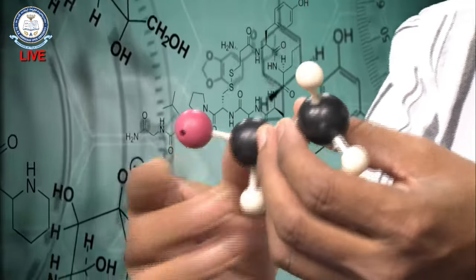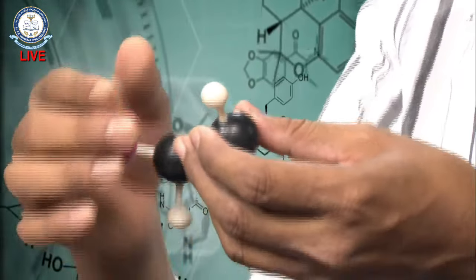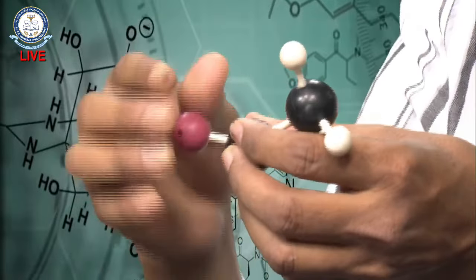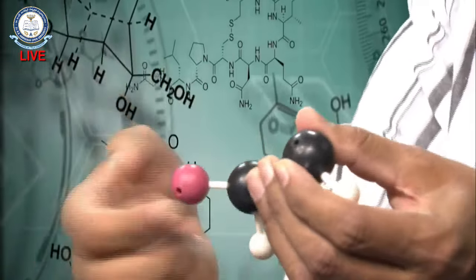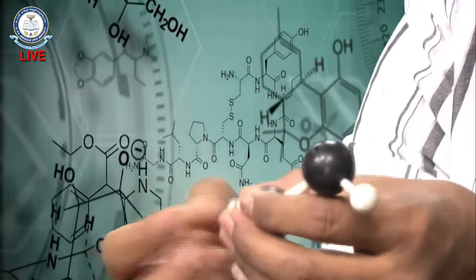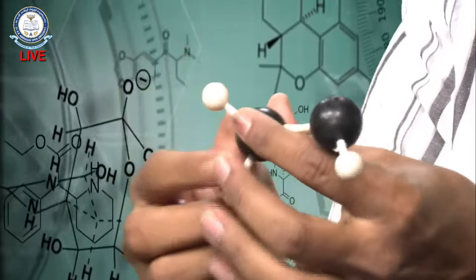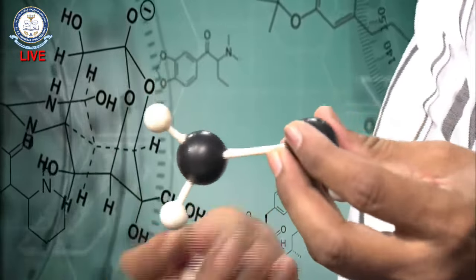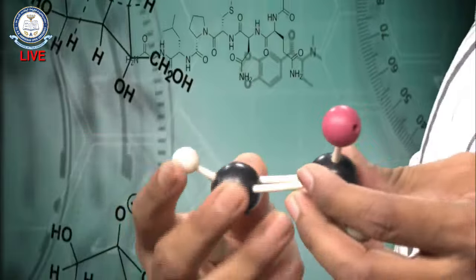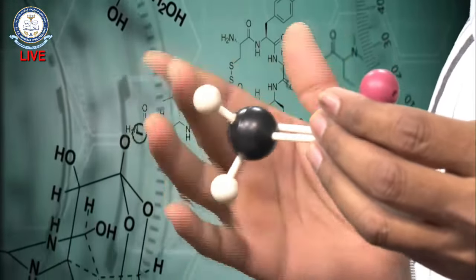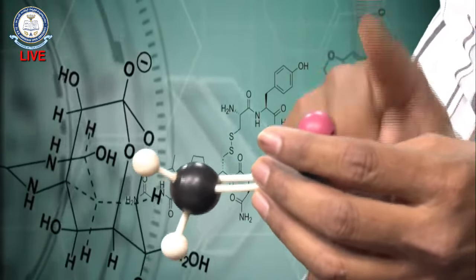Then in another operation we are going to replace the hydrogen from the C2 carbon here. So we are keeping the C1 hydrogen on the same place, and on the C2 carbon we replace the hydrogen. Then what happens here? Now we get the chlorine on the C2 carbon.